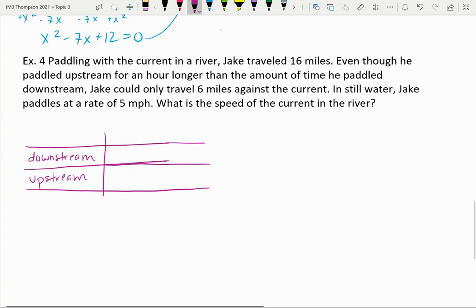And we are talking about distance, rate, and time.